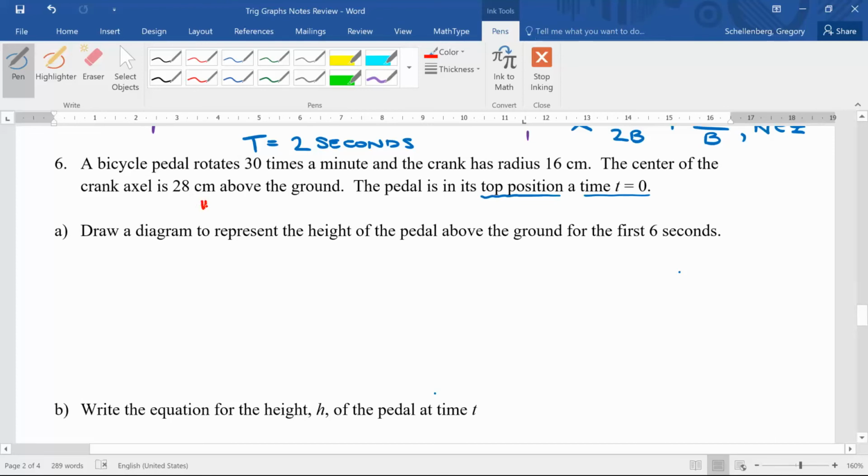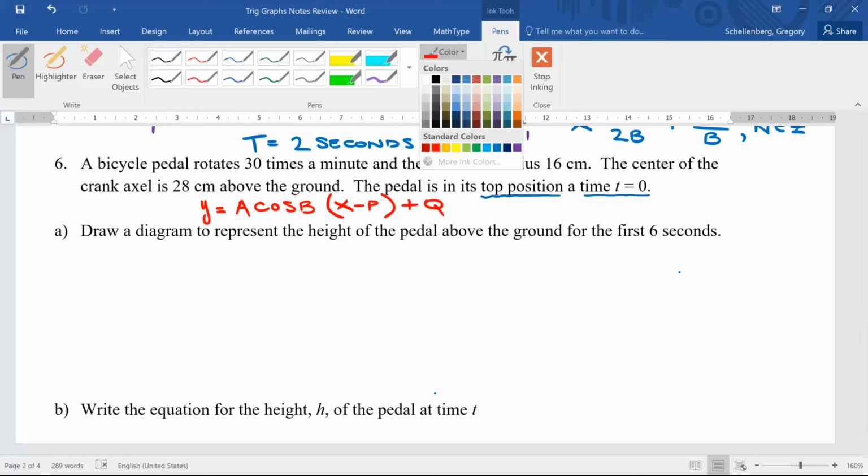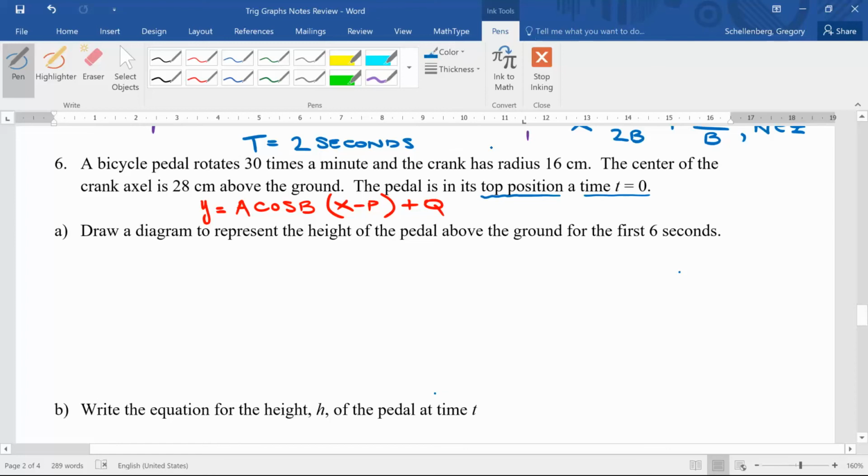So we have y is equal to a times the cosine of b times x minus p plus q. Okay, so we want to determine what is a, b, p, and q.